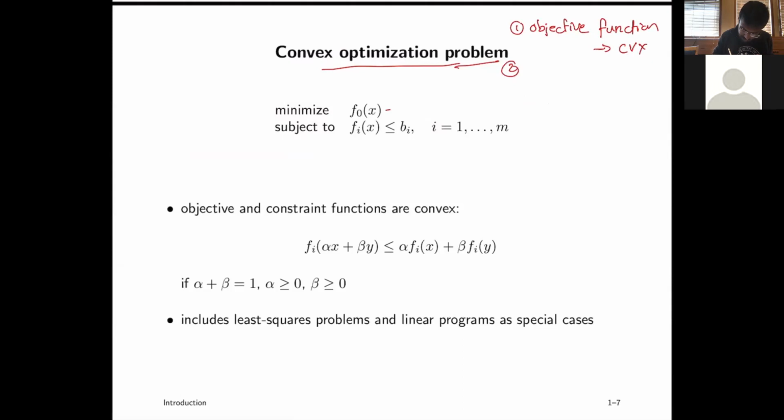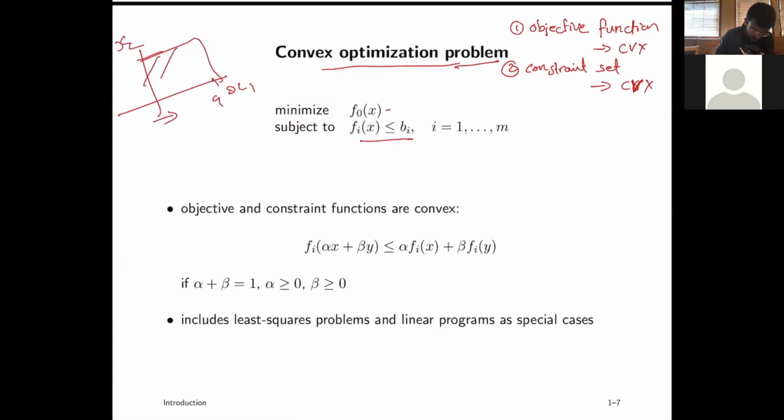Second, the constraint set has to be convex. Here you are saying that x1 is greater than 0 and less than some a, x2 is greater than 0 and less than b, and now we are defining a set here, which is the constraint set.